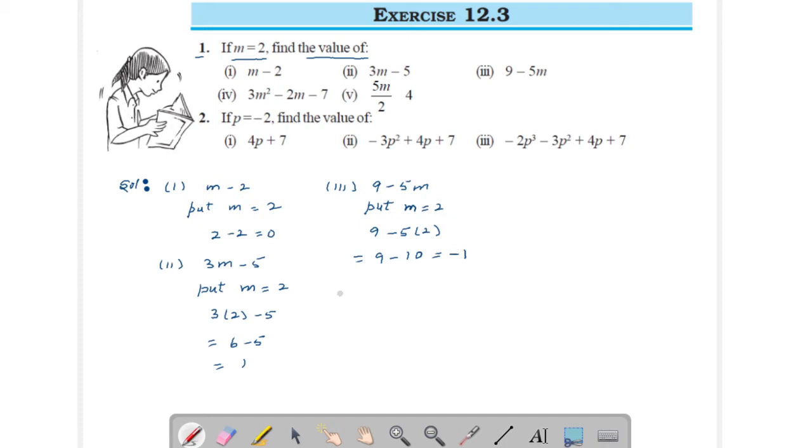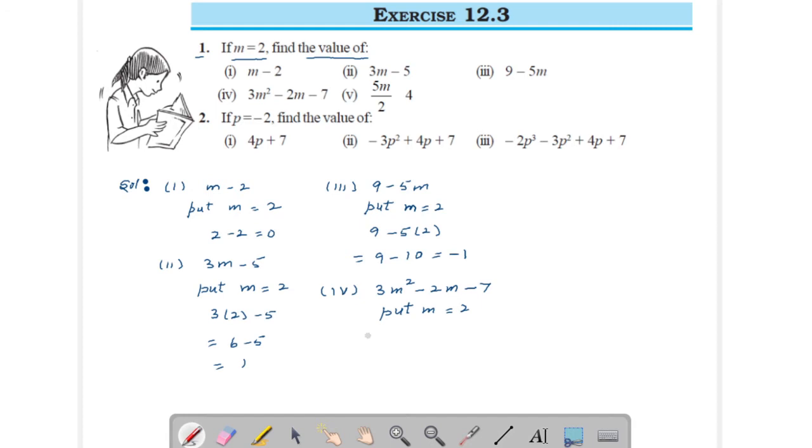Now come to fourth part. It is 3m square minus 2m minus 7. Here put m equal to 2.